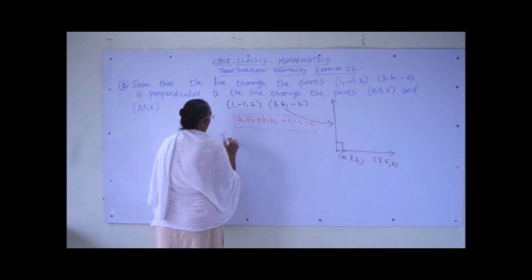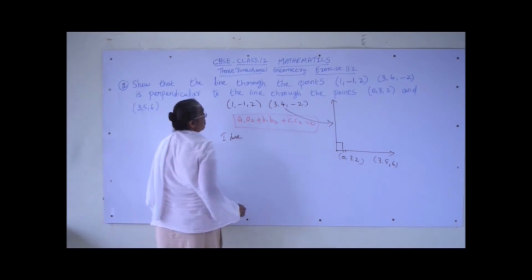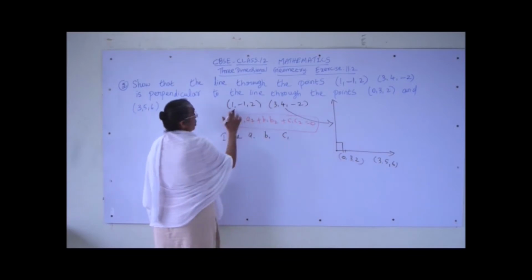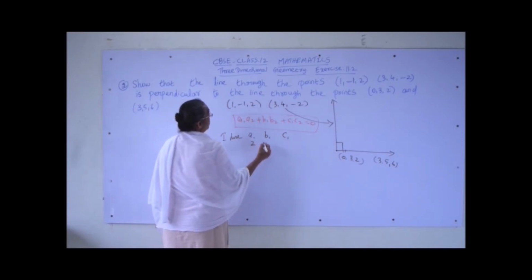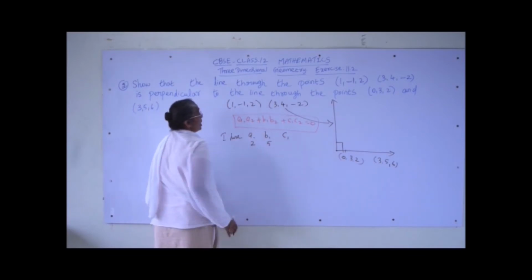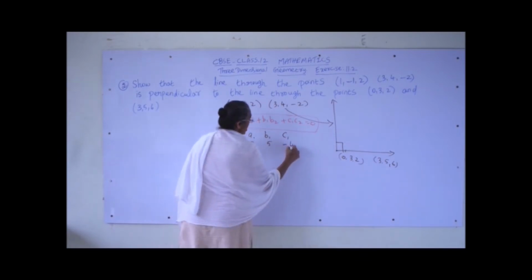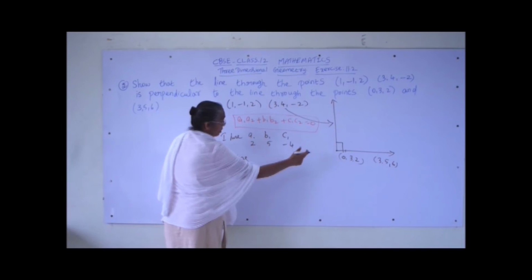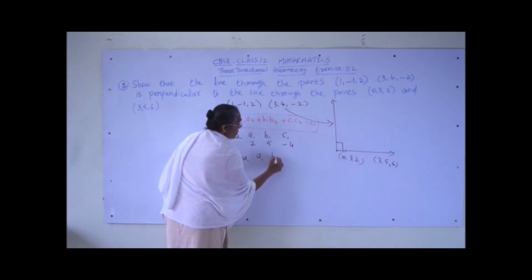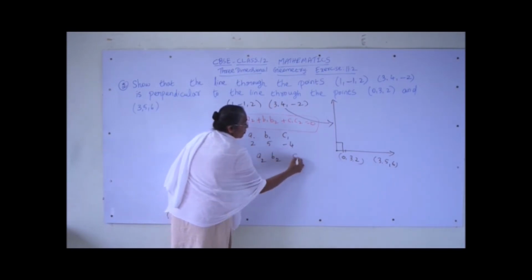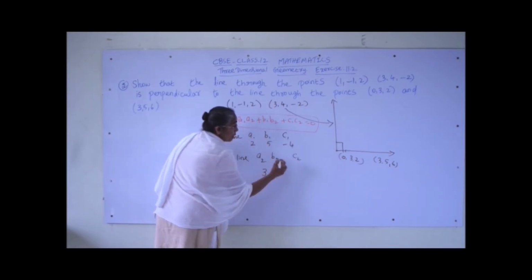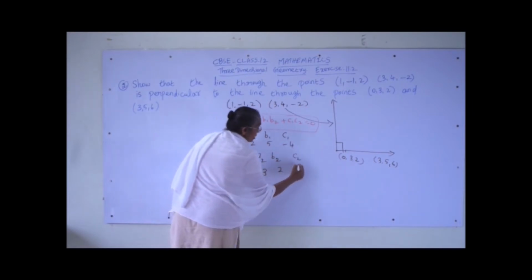So the first line's direction ratios a1, b1, c1 are x2 - x1, 3 - 1 = 2, 4 - (-1) = 5, -2 - 2 = -4. Now the second line's direction ratios, using the same formula: 3 - 0 = 3, 5 - 3 = 2, 6 - 2 = 4.